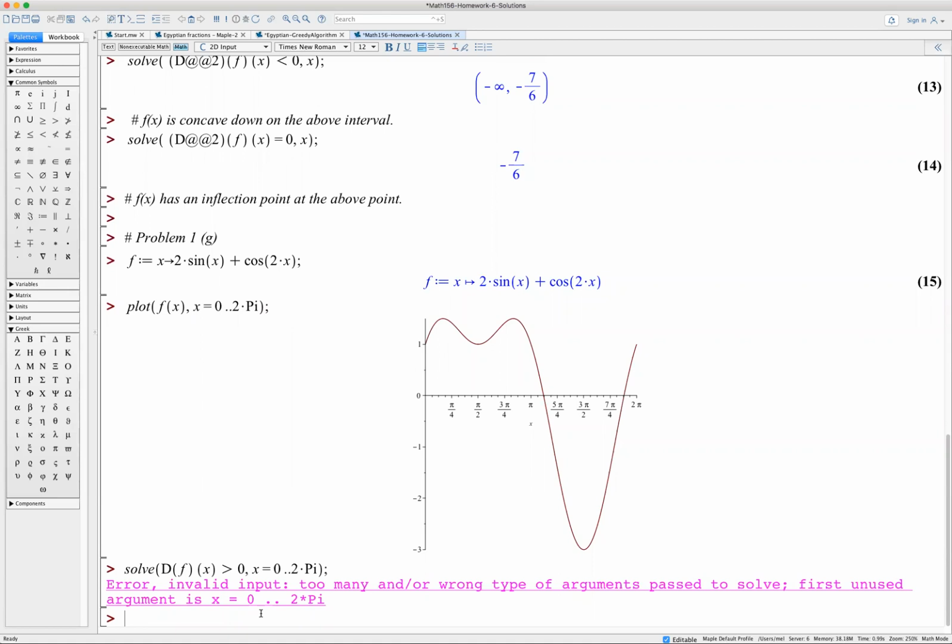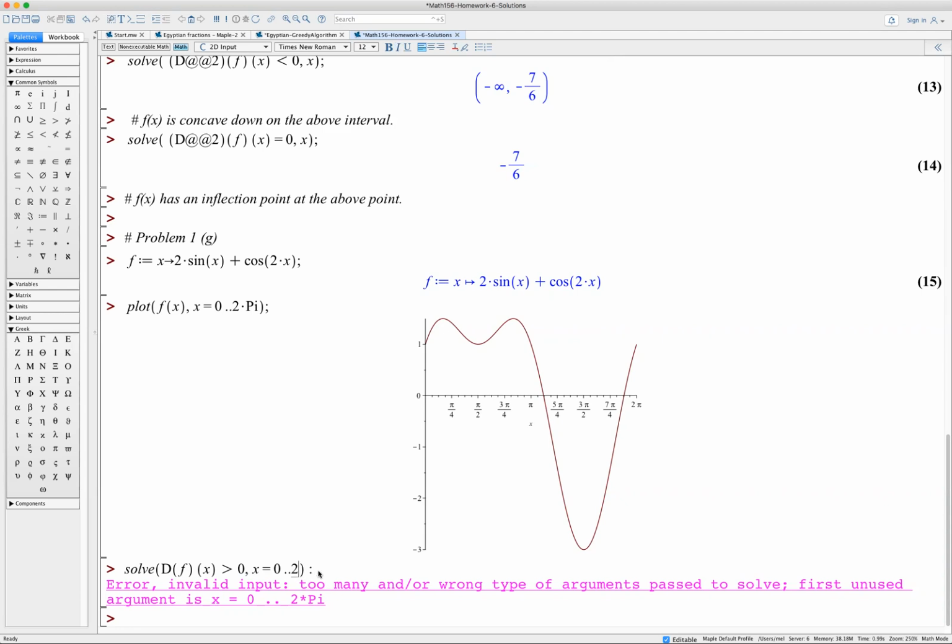Oops. Why doesn't this want to work? So the inequality solver doesn't like a restriction on x.